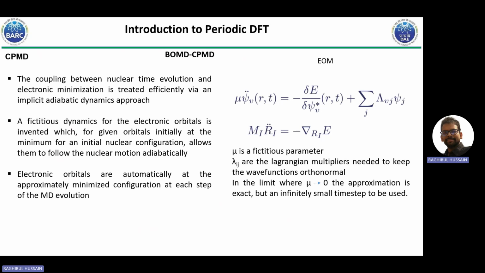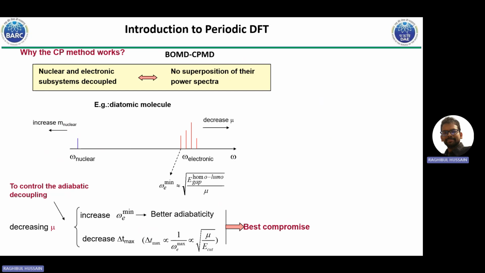But here both the nucleus and the orbitals will move together, by maintaining the adiabaticity. That means your life is easier now, because you will save a lot of time, is it? Let us see.